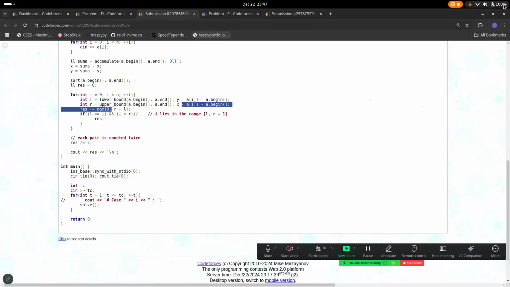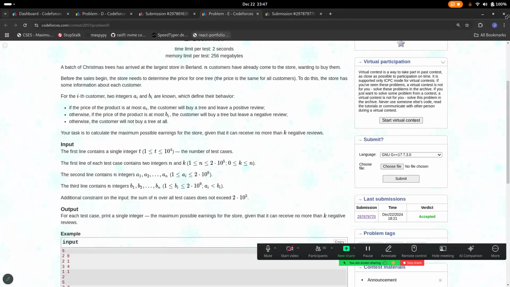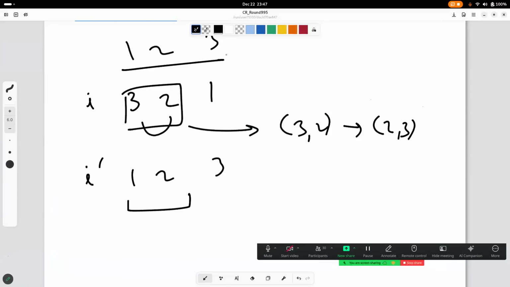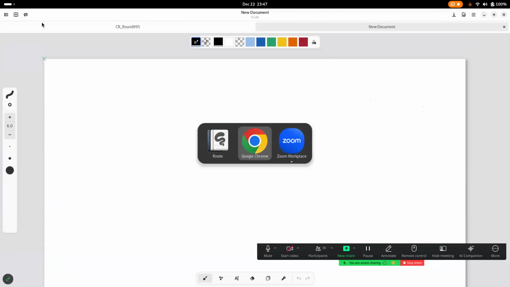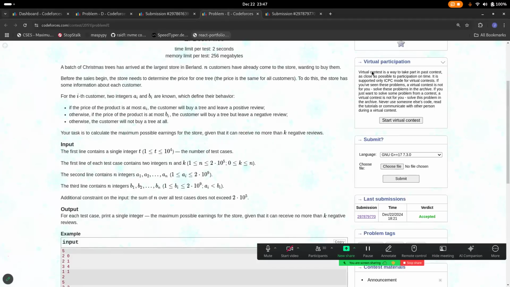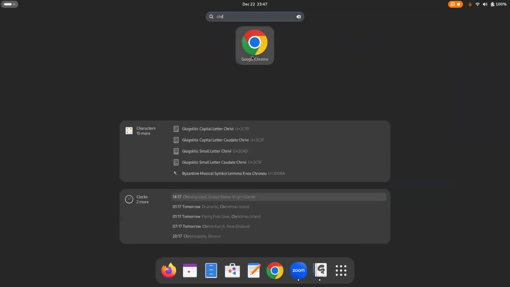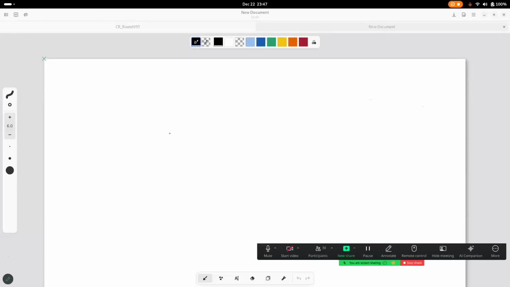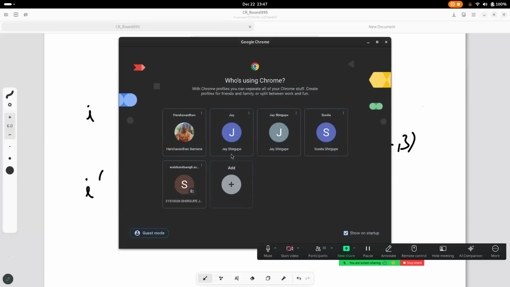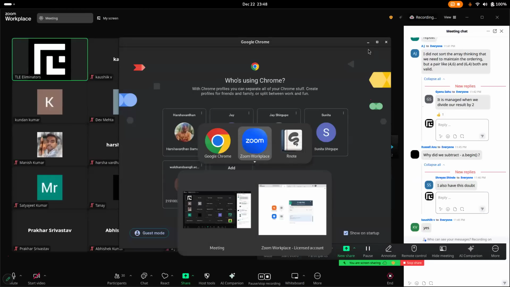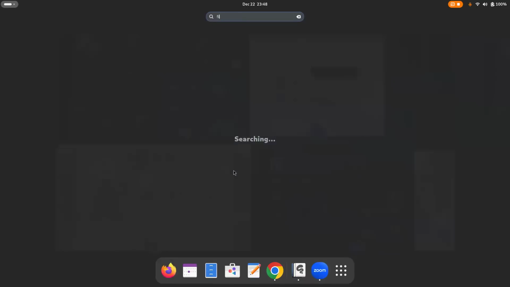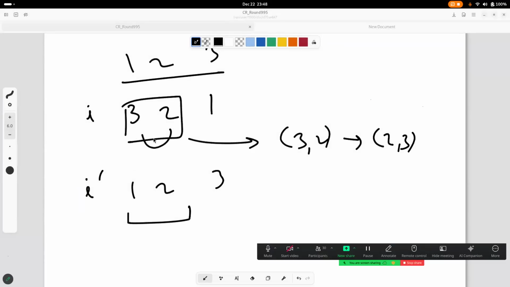Just a second. Chrome has crashed. Just a second.